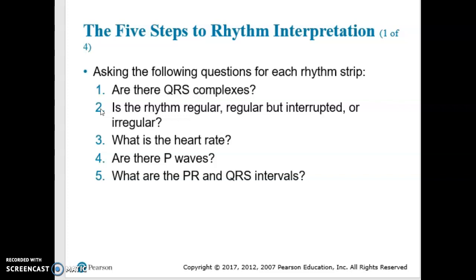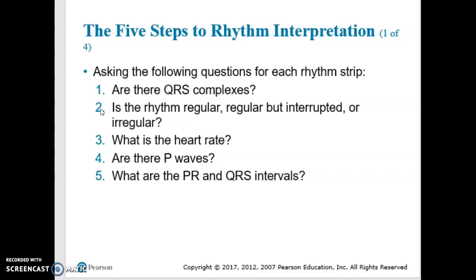You may have a variation from 15 to 20 to 22, back to 15, back to 18, and so forth. If there's any questions about that, I can put up another video on how to determine if a rhythm is regular or irregular. But for right now, I want to stick to the basics. So step 2, we determine whether this rhythm is regular, irregular, or regular but interrupted.